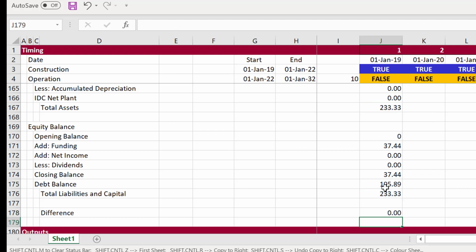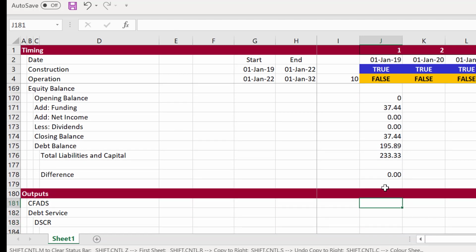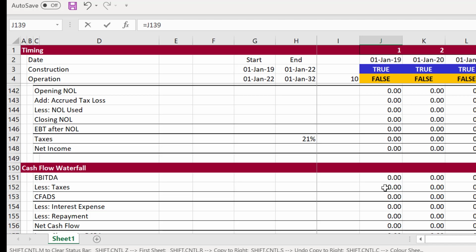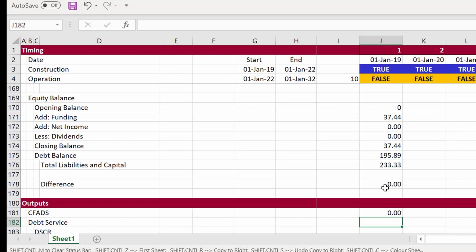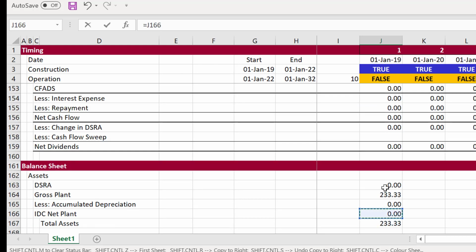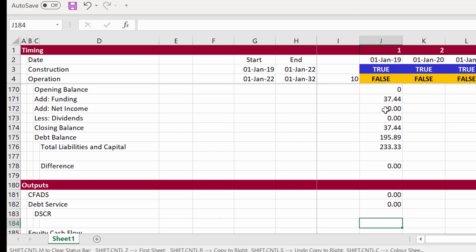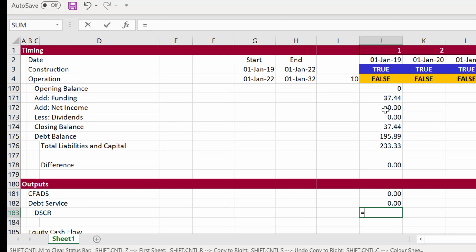Okay, and then we'll put our cash flow available for debt service up here, and our debt service, which is our interest, plus our repayment. Now this is not going to give me the right answer because of a circular reference, and we can put it if this is greater than some small number, then we'll divide the two.